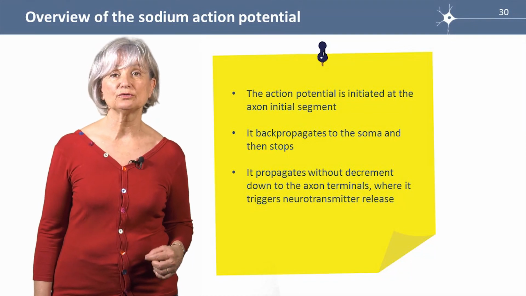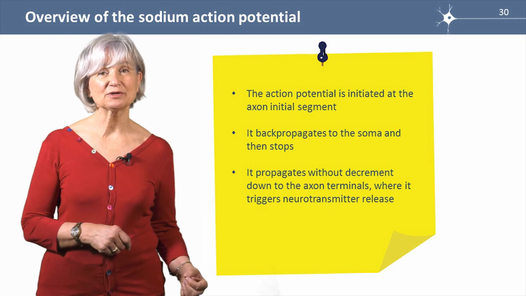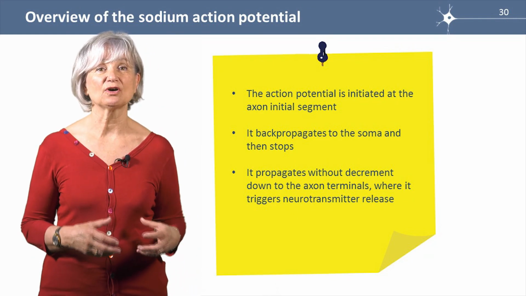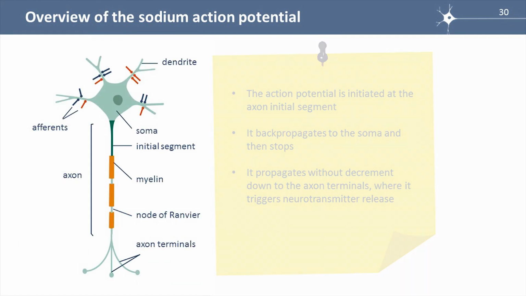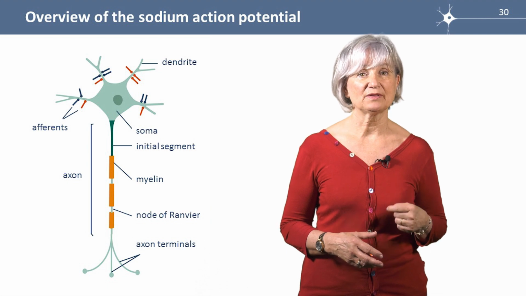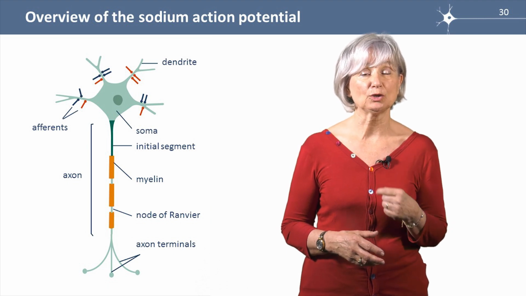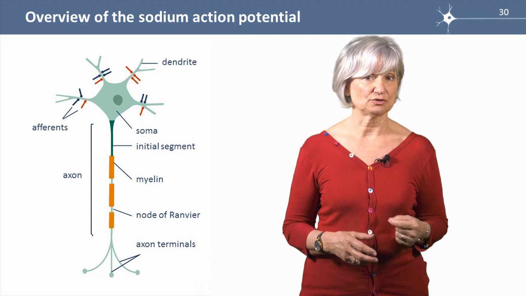It is referred to as a sodium action potential because its depolarization phase only depends on sodium current. It starts at the initial segment because there is a great concentration of sodium channels with an opening threshold that is lower than in other parts of the neuron, such as the soma.